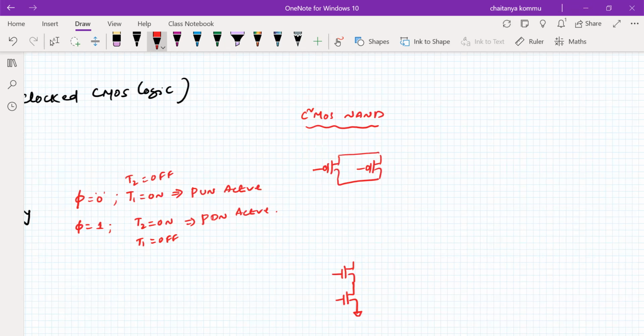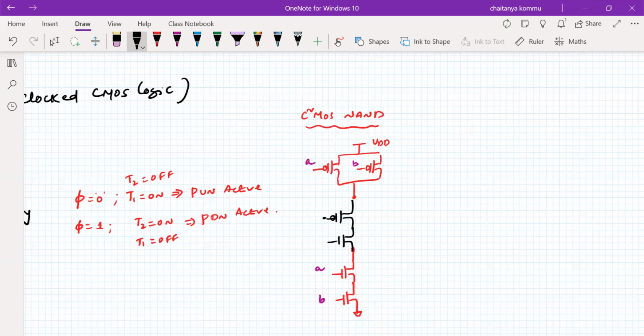Obviously, the number of transistors increases, but you will have a good output logic based on the clock signal. This is called A, this is called B, and at the bottom we write a PMOS transistor and an NMOS transistor.